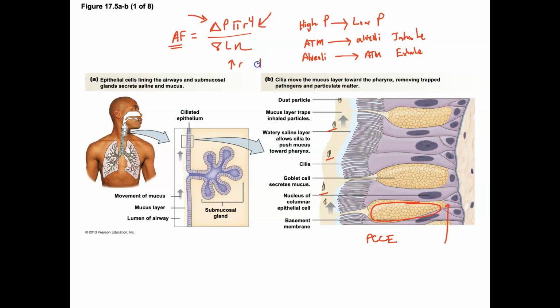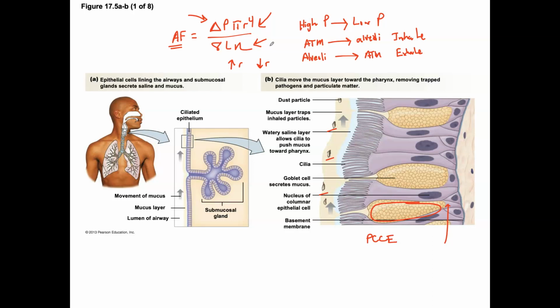If you're going to decrease the radius, then that's going to decrease the airflow through the respiratory system. And then, of course, viscosity or resistance to airflow. So if there was some thickening of mucus, especially during disease states when infections take place, or if you're suffering from conditions like cystic fibrosis, chronic bronchitis, emphysema, COPD type disorders, then of course that viscosity plays a role.